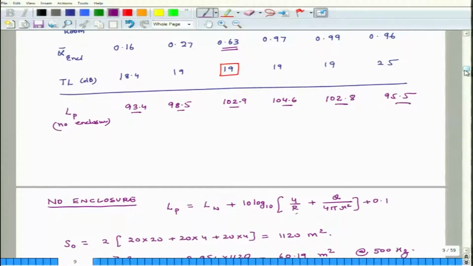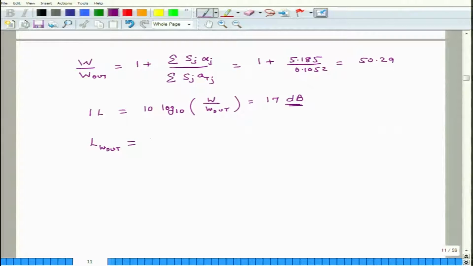Without the enclosure, the sound pressure level we calculated was 102 decibels. So, I just subtract 17 from there. This is equal to 114 minus 17, which is 97 dB, and LP equals 97 minus 17, that is equal to 85.9. Okay.